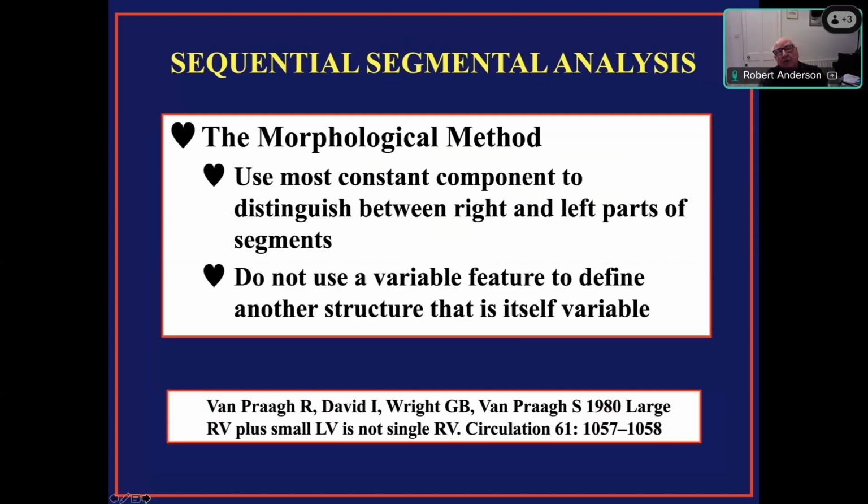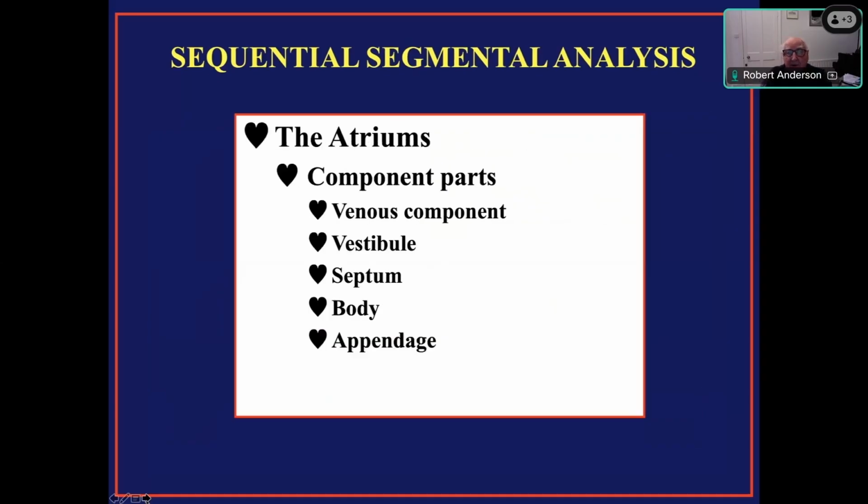And Richard criticized one of the manuscripts we'd written about double inlet right ventricle, pointing out a mistake where we had used one variable feature to define another. We immediately recognized the significance of this approach, and ever since then, we have used the morphological method.